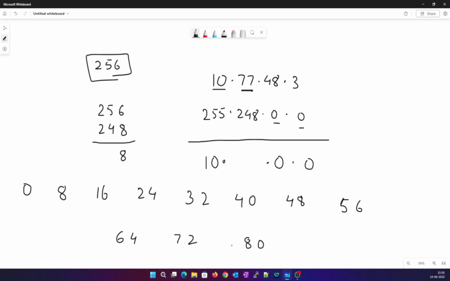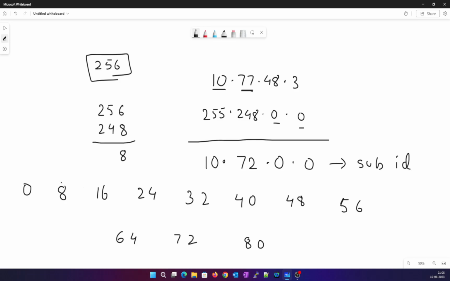So we will take the digit that is lower than this particular octet's value. 72 is lesser than 77, so write that down here, 72. This becomes your subnet ID, not the network ID. This becomes your subnet ID.